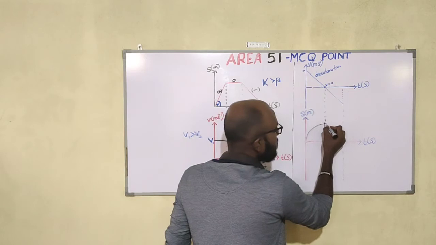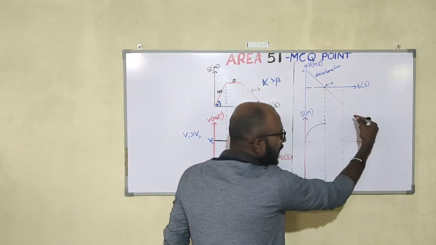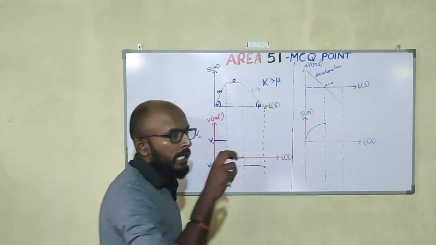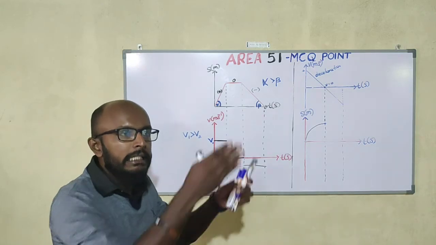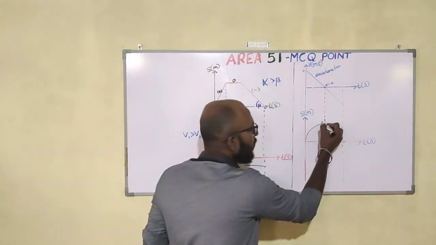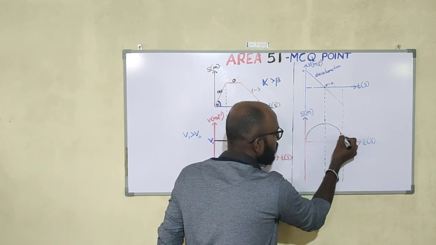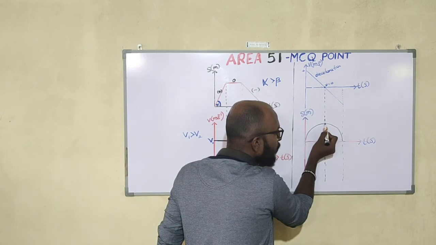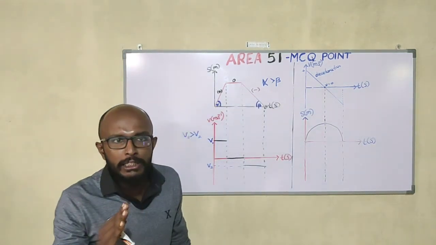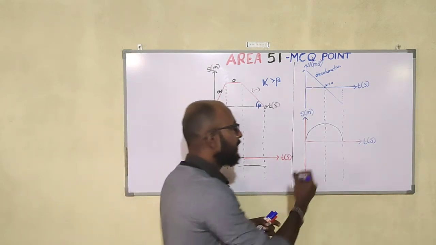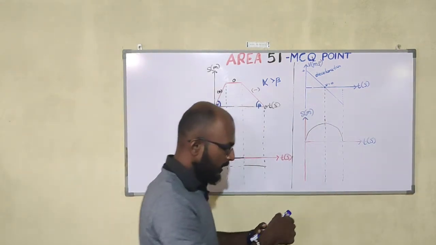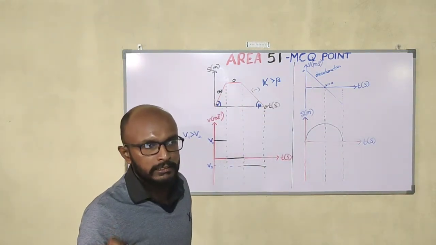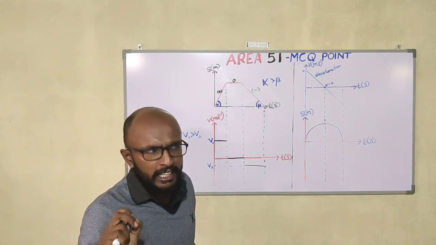So this is starting from here, and again it will come back in the opposite direction. That means it will come back to the initial location. That means this shouldn't go like this. Here also velocity is increasing, so when we are moving from here to here, the gradient should increase. Here the gradient is 0, and when it is moving from here to here, the gradient has changed. And there is another thing.